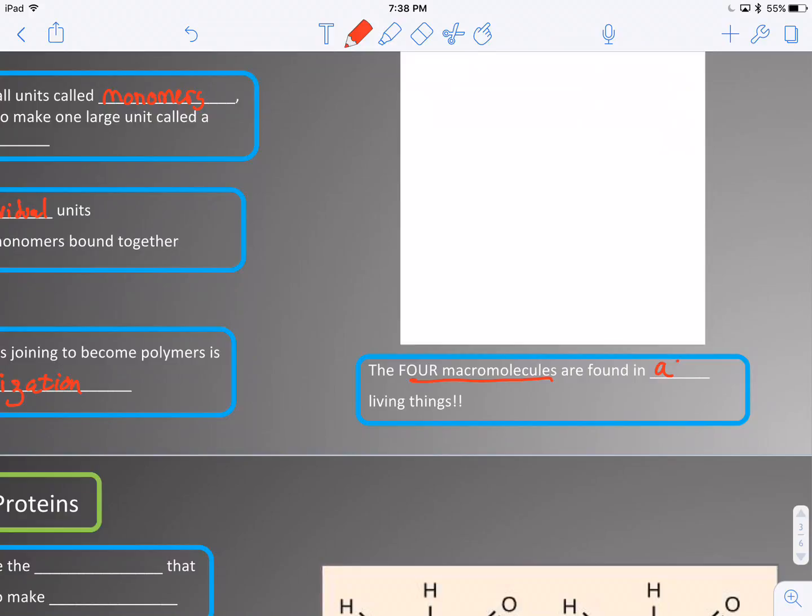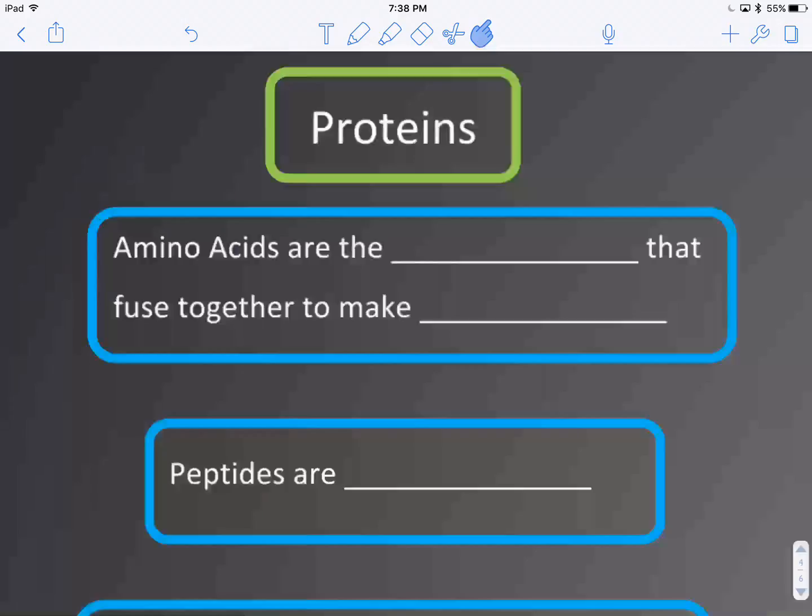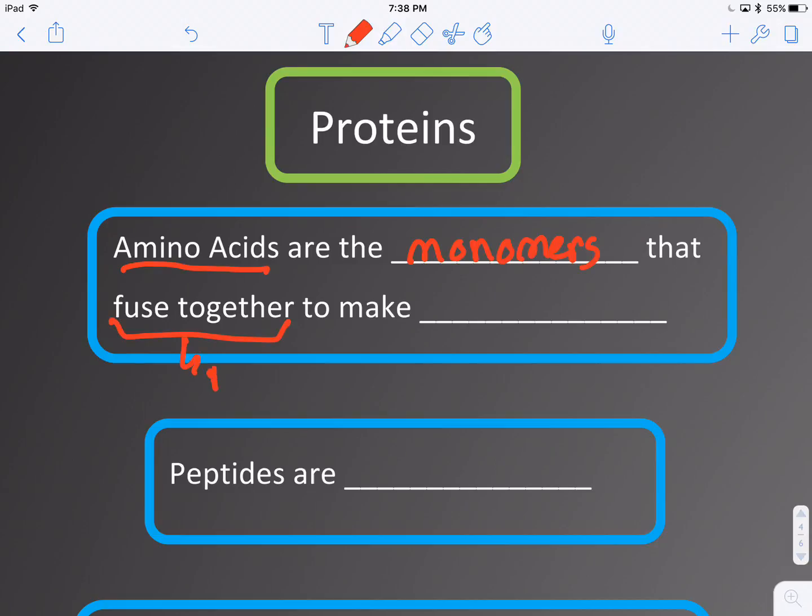Fantastic. Okay, so let's go into proteins. Proteins are made up of these things called amino acids, and we're going to think of the amino acids as the monomers, the individual units that we just talked about on the previous slide that fuse together. This is polymerization.